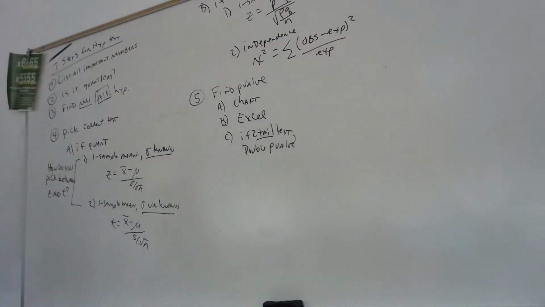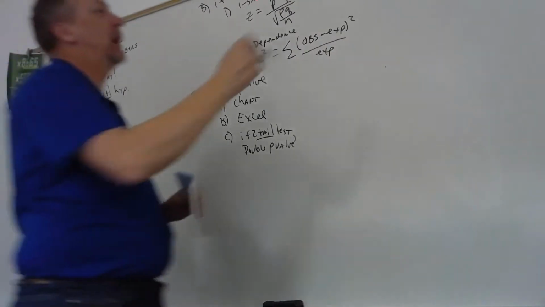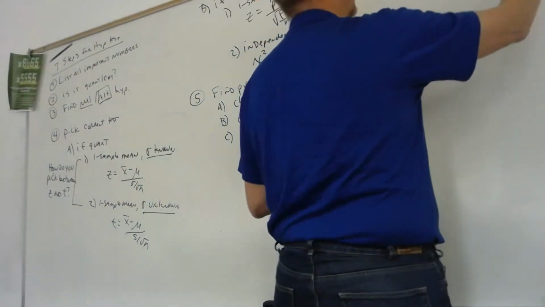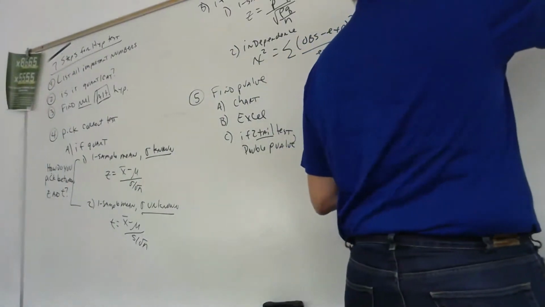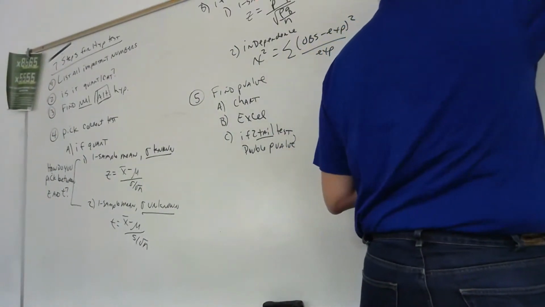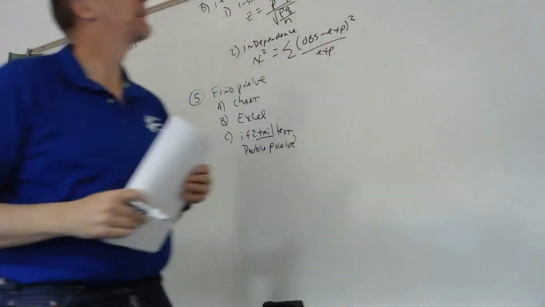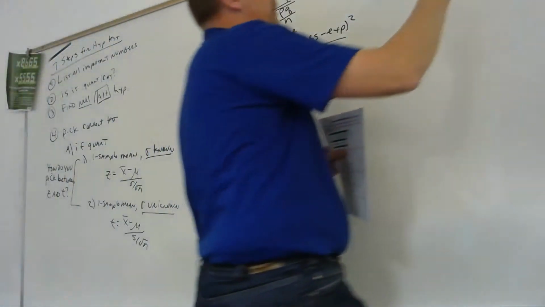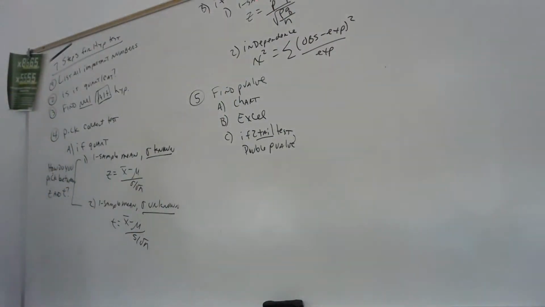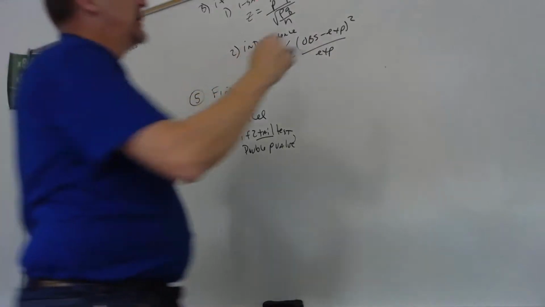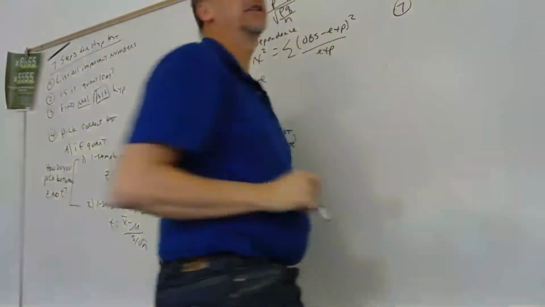Now, when we're talking about the p-value is low, what are we comparing our p-value to? We compare it to alpha. So if the p-value is low, reject the null. That makes sense?